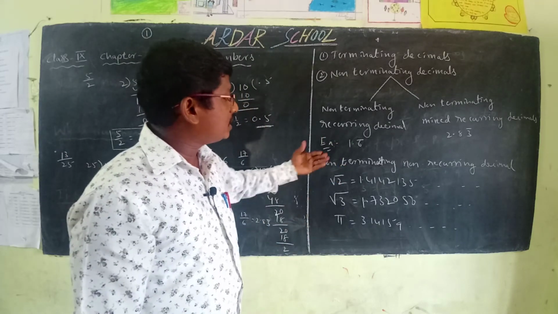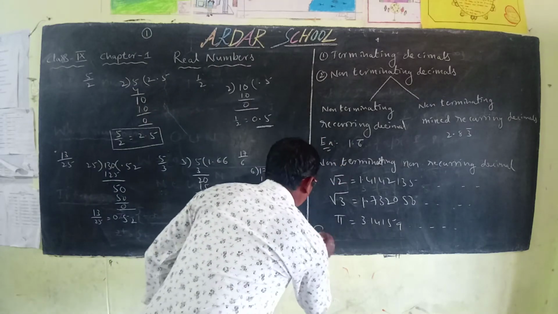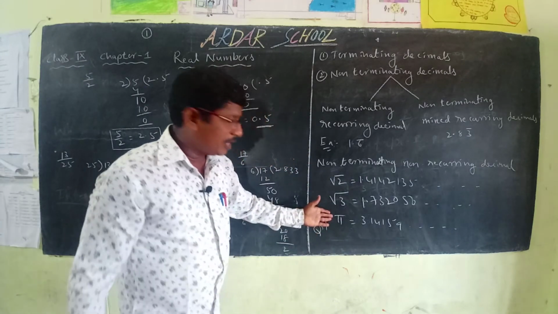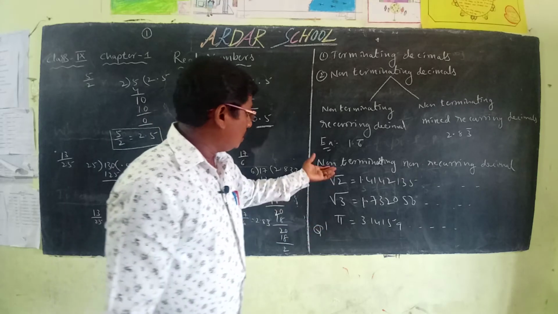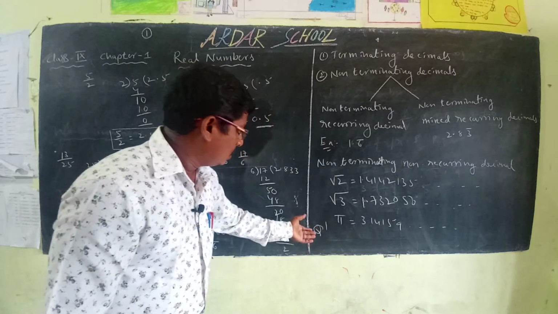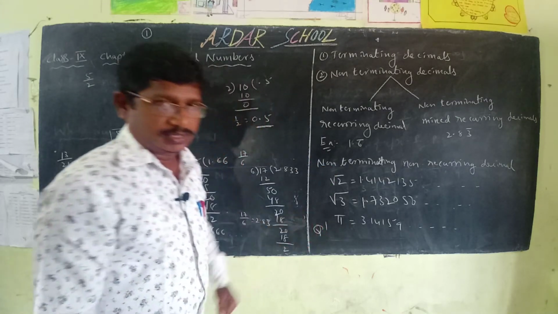Irrational numbers are denoted by Q dash. Pi is not a rational number, this is an irrational number. So irrational numbers are represented by Q dash.